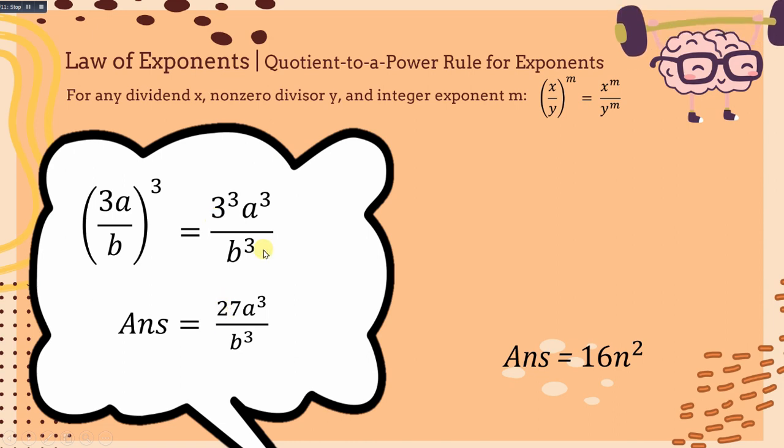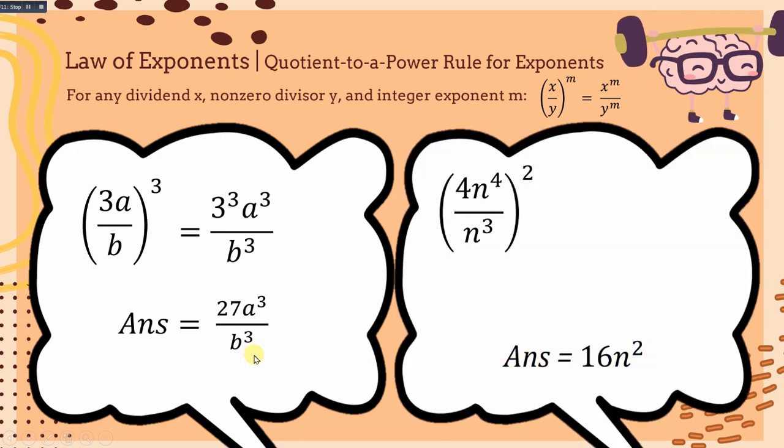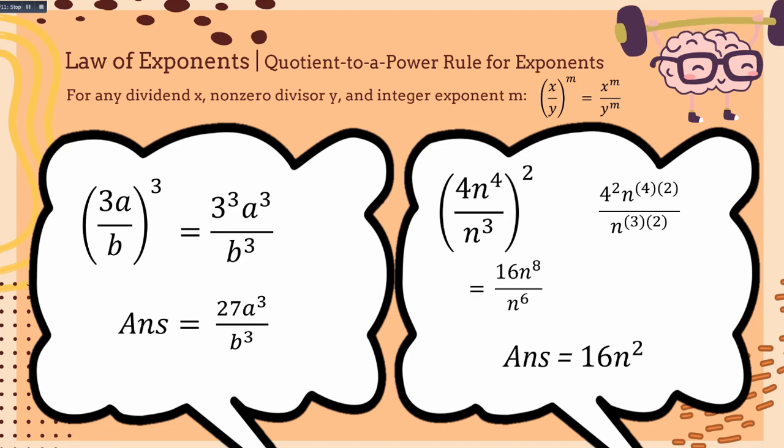So again, we have to apply the quotient to a power rule. We have to distribute first the square to the terms inside our parentheses. So in this case, we multiply 4 squared, then multiply the exponents 4 and 2 over n, the variable, and its exponent is multiplied by 3 times 2.